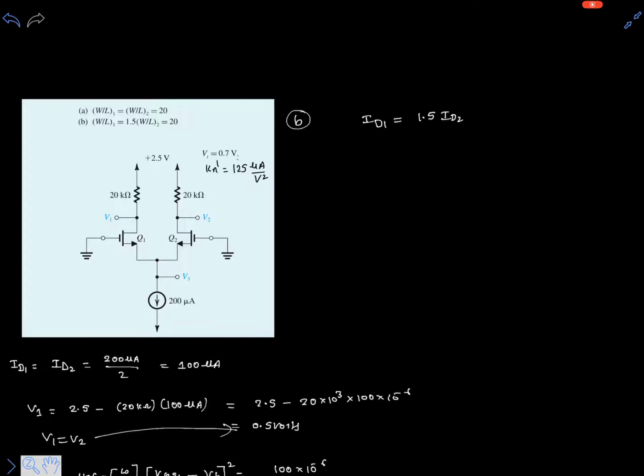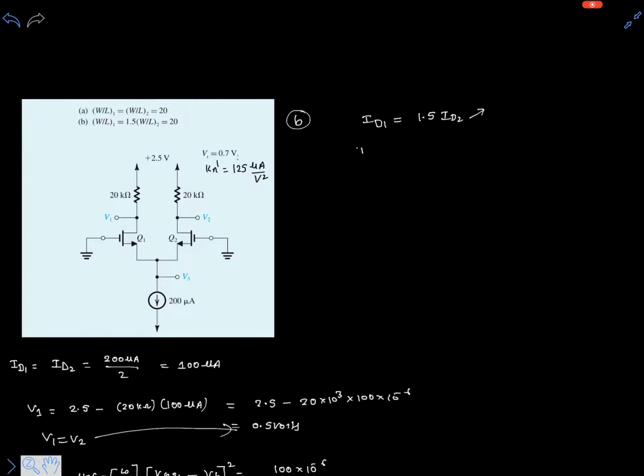That is, the drain current of transistor Q1 is 1.5 times the drain current of transistor Q2, because every parameter is the same but only the width to length ratio is changing here. So we can comfortably assume that ID1 equals 1.5 times ID2.